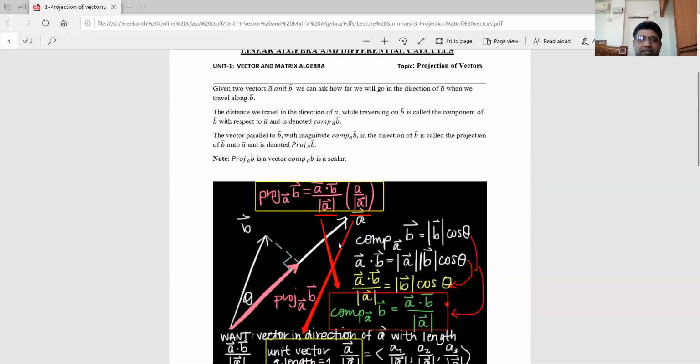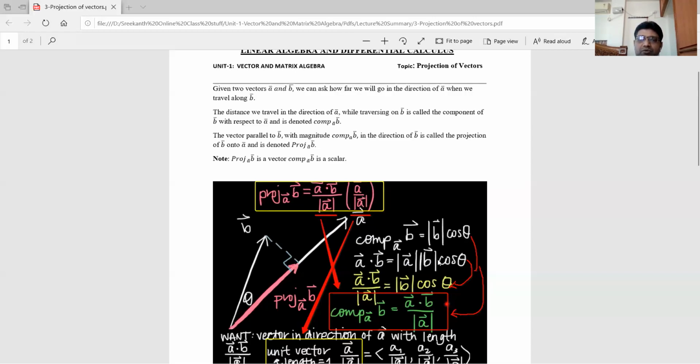Now we'll see a small derivation on how to calculate this. In our intermediate level, we have seen the dot product of two vectors. So this is A bar and this is B bar. I want to calculate the dot product of the two vectors. The formula is A bar dot B bar equals magnitude of A bar multiplied with magnitude of B bar into cos theta.